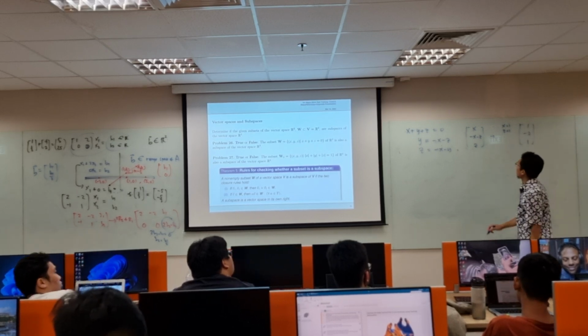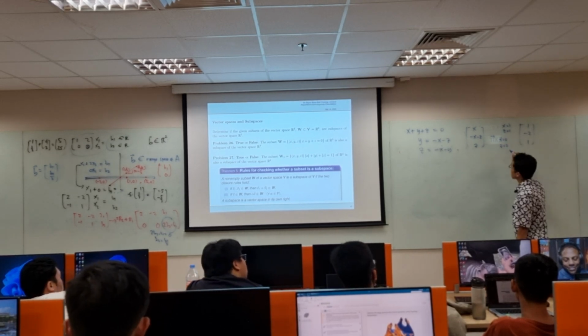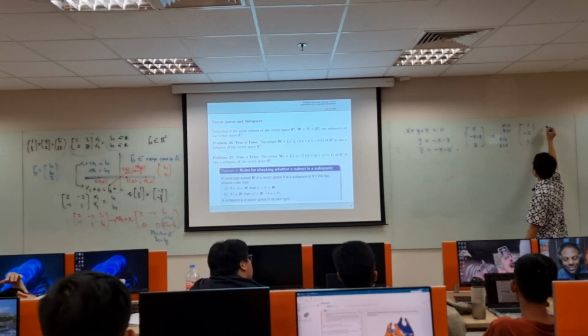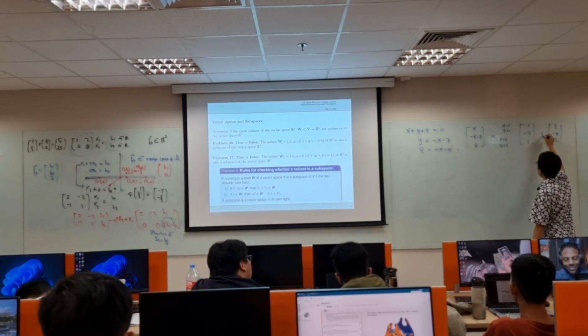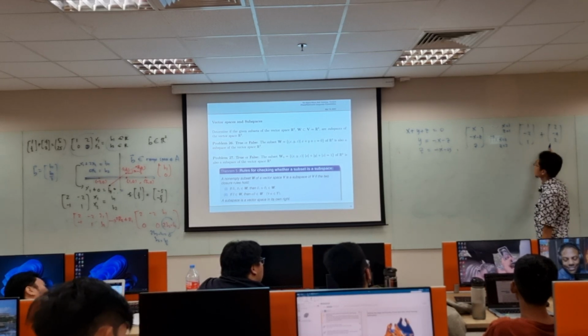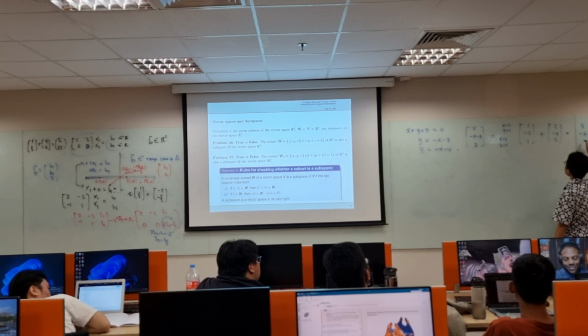Another thing is that if I take x to be 2, z to be 2, I get 2, minus 4, and 2. If I add these two, what does it become? 3, minus 6, and 3.